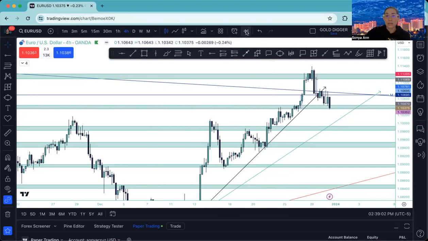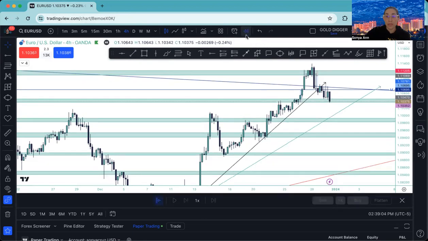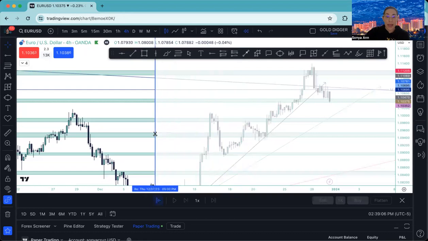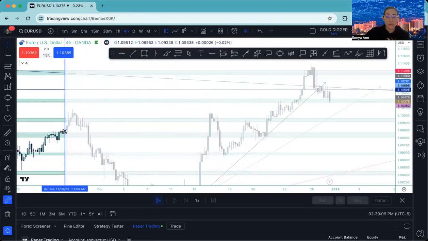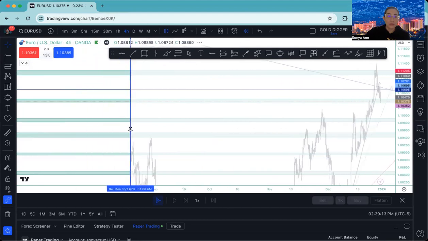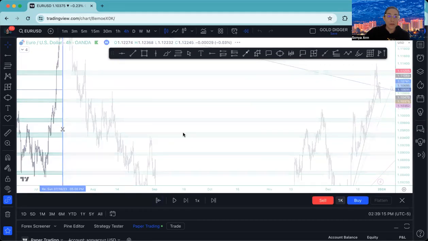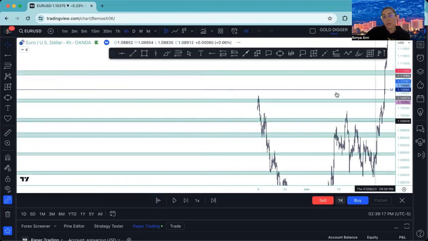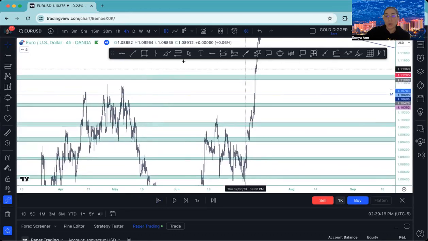You would hit this bar replay and you would go back to wherever. Just say that you want to do it right there. So it'll rewind basically all the way back to there. You can also change.